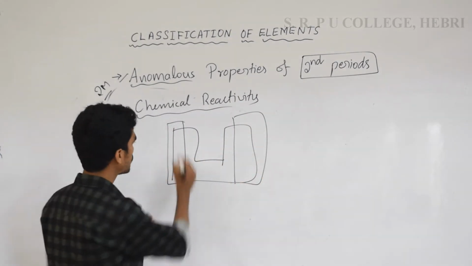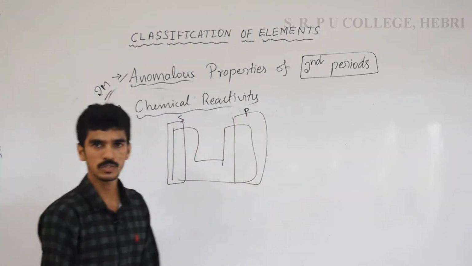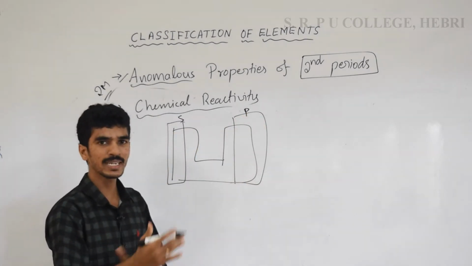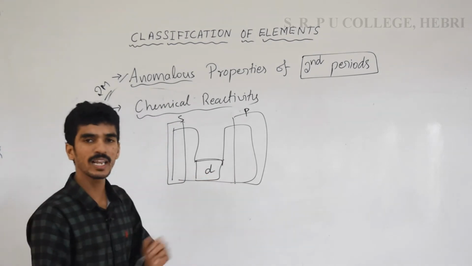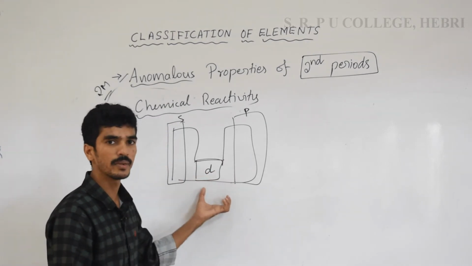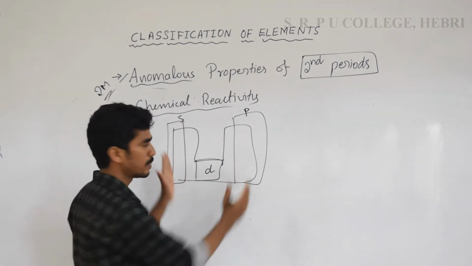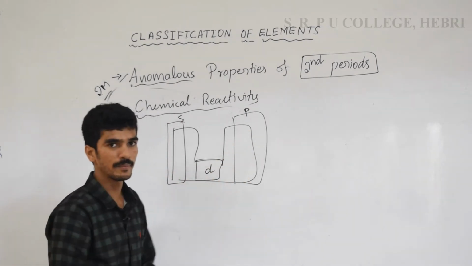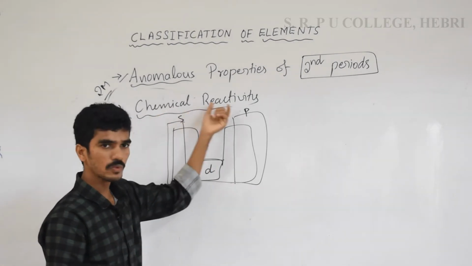The leftmost are s block elements, the rightmost are p block elements. Between s and p there are d block elements. These d block elements are called transition elements, a bridge between these two.